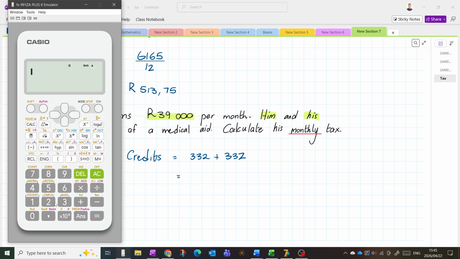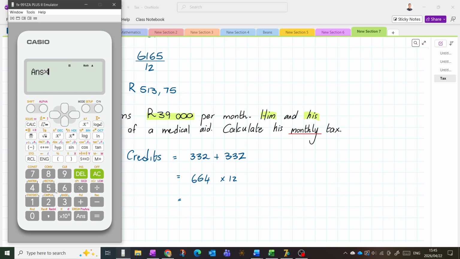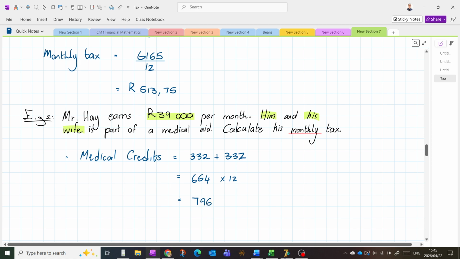Let's do that. 332 plus 332 is 664. And then I'm going to times that by 12. So he gets a total of 7,968 Rand in medical aid credits.